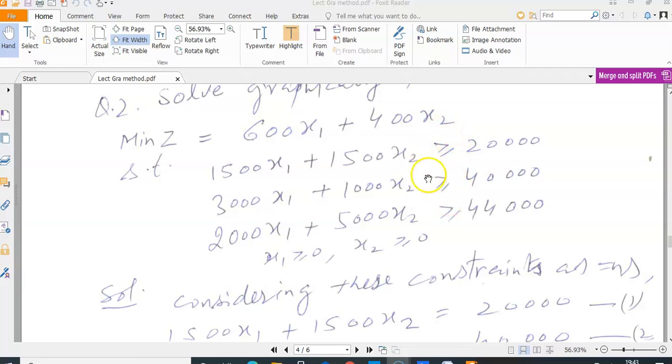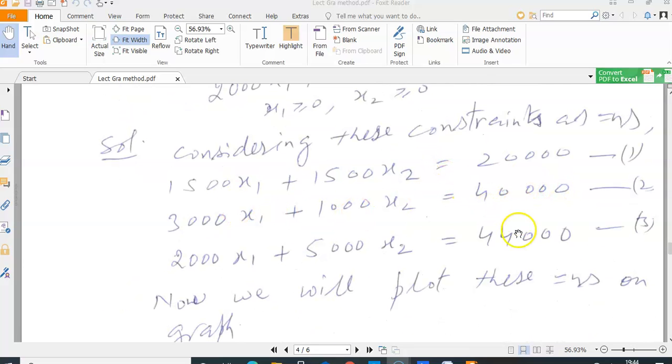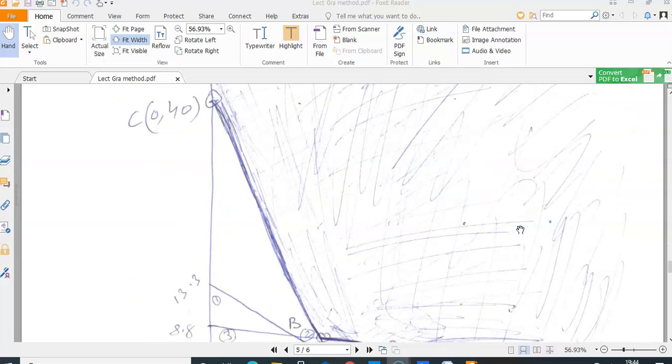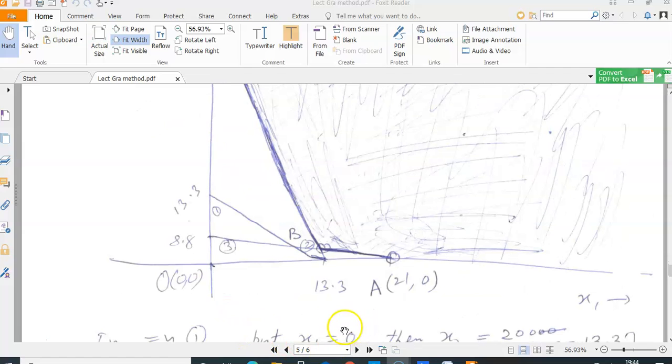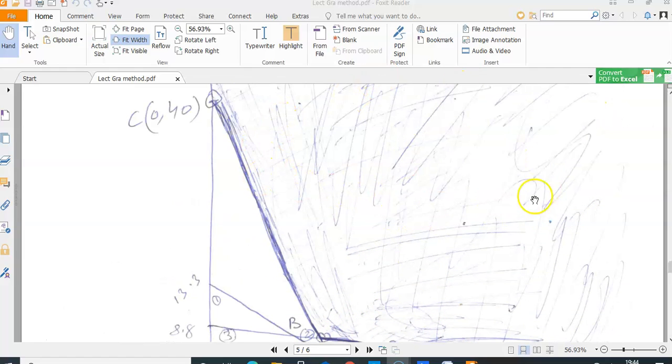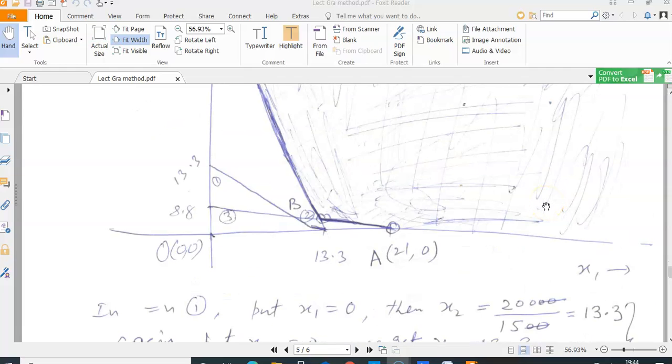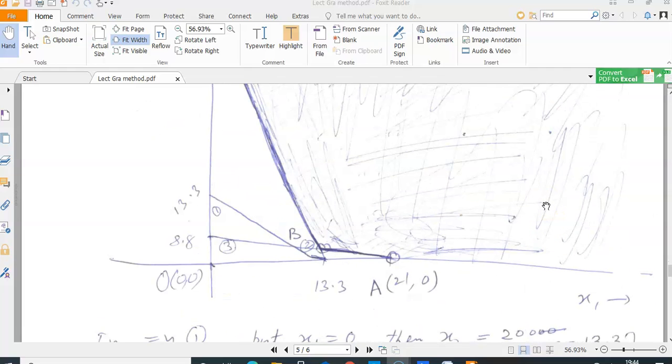After that we consider the actual signs of the constraints and try to find out the common area that we call the feasible region. Now we plot them like this. This is one line, this is another line, this is another line, and the area away from the origin will be considered. So the shaded area is the common area made by these three constraints.